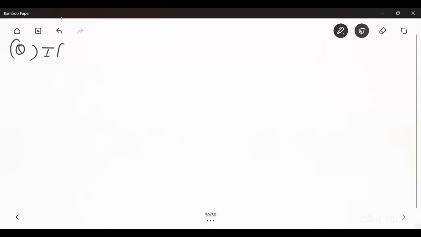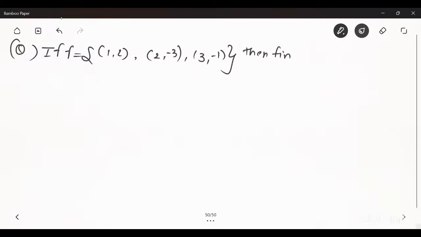Okay. Now the next question is, if f is equal to {(1, 2), (2, minus 3), (3, minus 1)}, then find 2f and second f square.